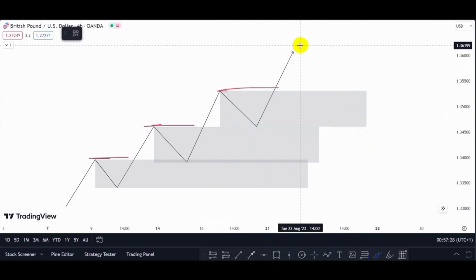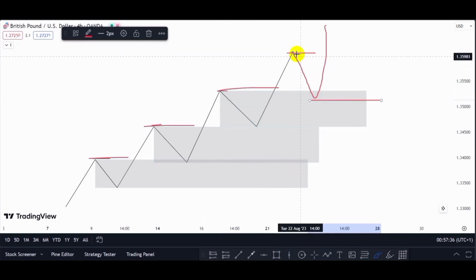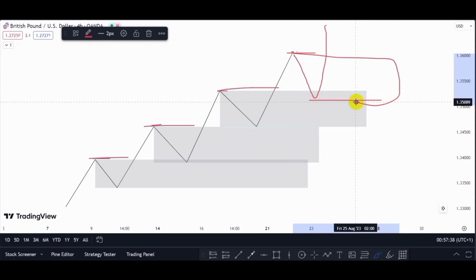So our anticipation is to see price drop to mitigate the IOF, and then we see push to the upside. This becomes our new IOF to mark out. The next anticipation is to see price mitigate the IOF, and then we see price push to the upside. So this is how you mark out the institutional order flow in a bullish scenario.